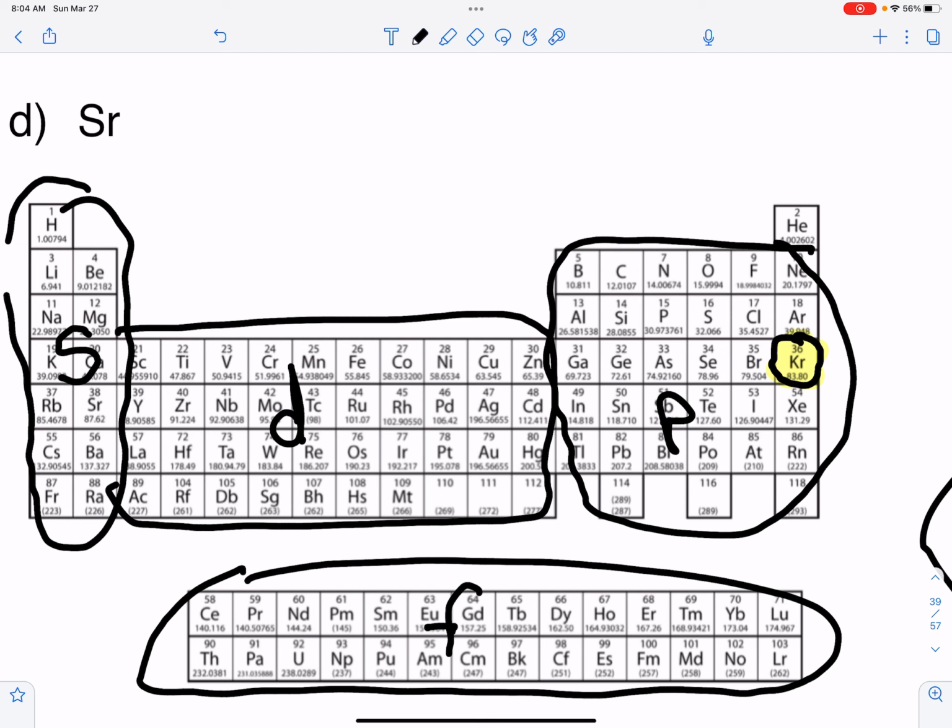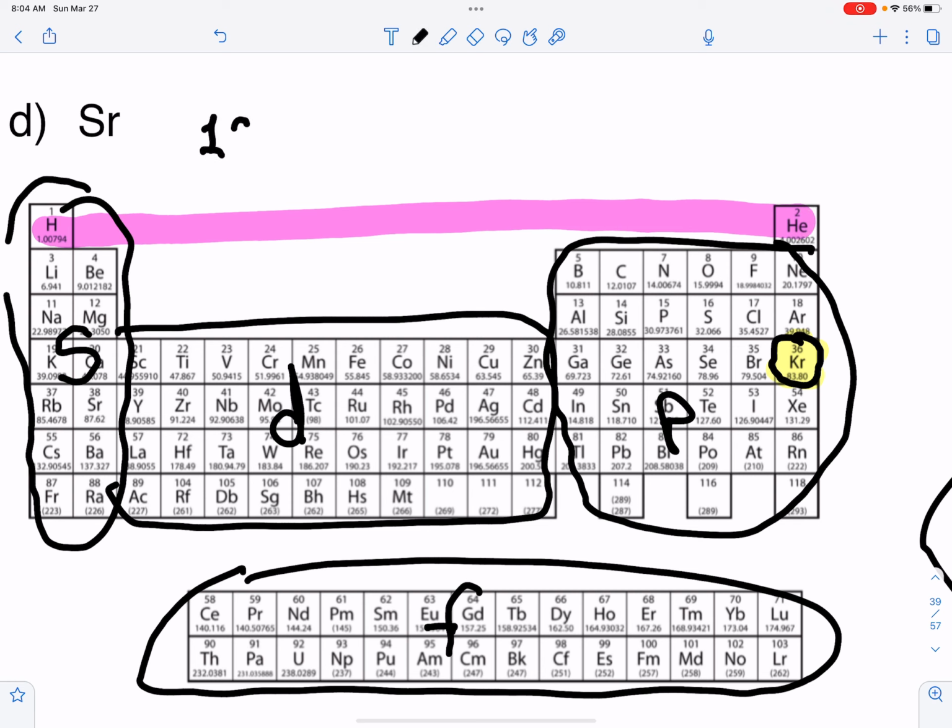So we can say, by using the periodic table, that we start here. That would be my 1s2, followed by there, that's level number 2, 1 and 2, so that will be 2s2, followed by, we're still on level number 2.